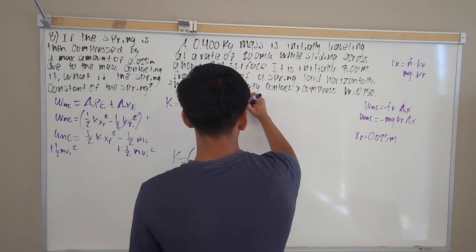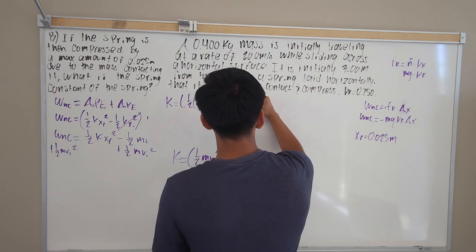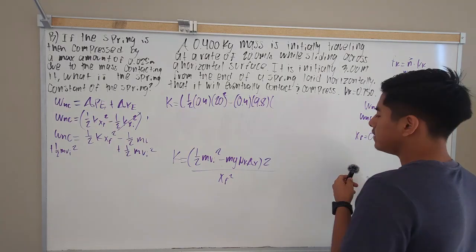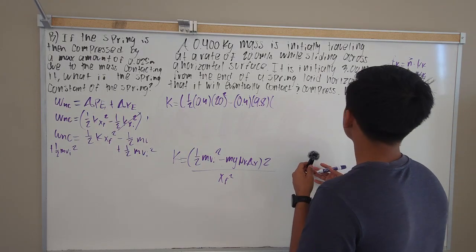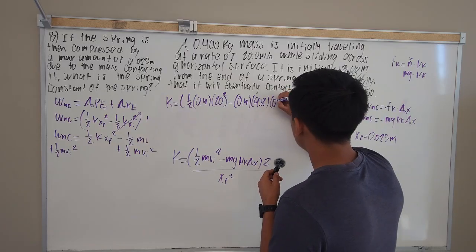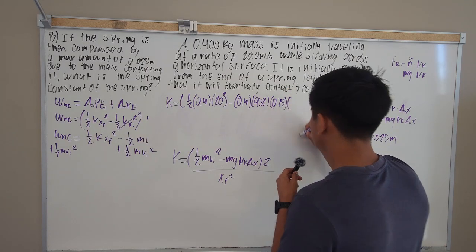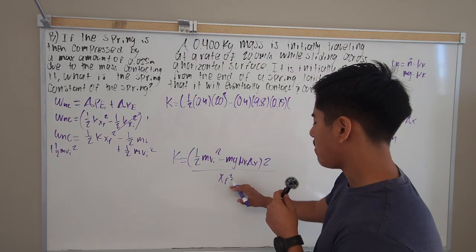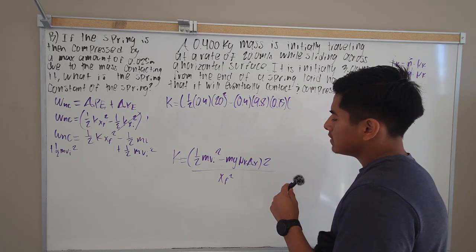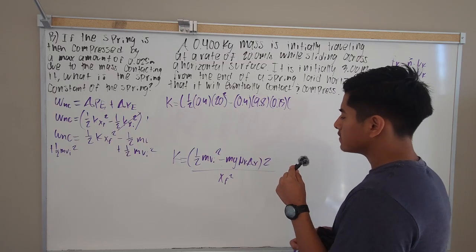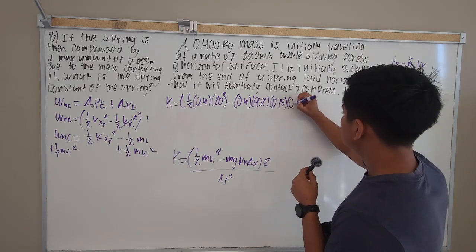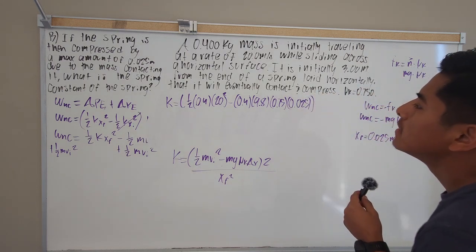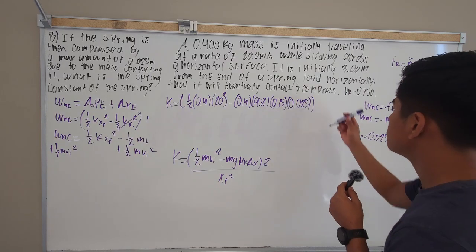Minus mg, where m is 0.4, g is 9.8, multiplied by mu, which is 0.75, and then multiplied by delta x, which in this case is going to be the same amount as x final, or the same amount that the spring is compressed. So that's going to be 0.025, and then all of that is multiplied by 2.